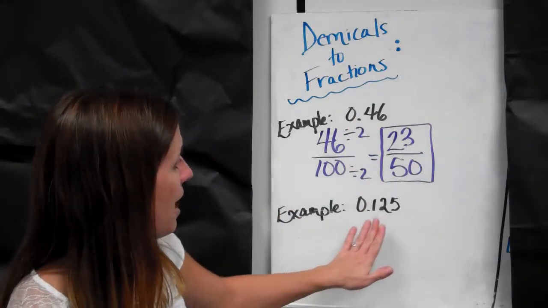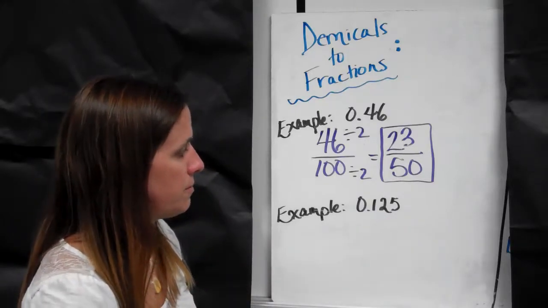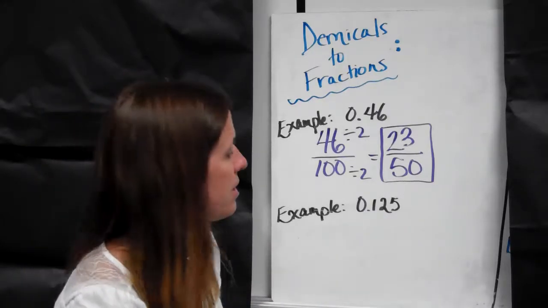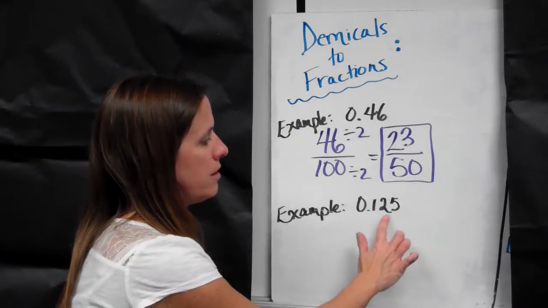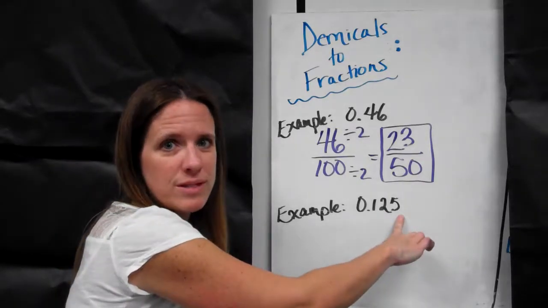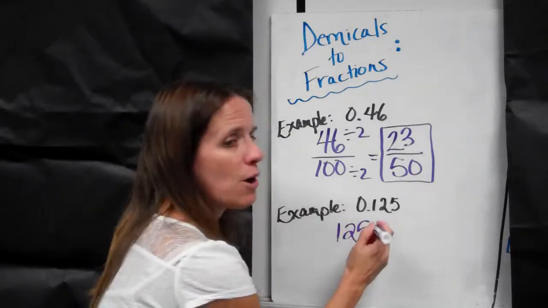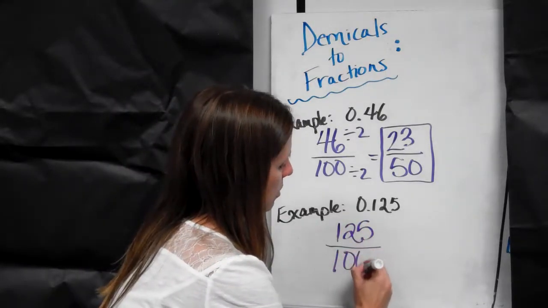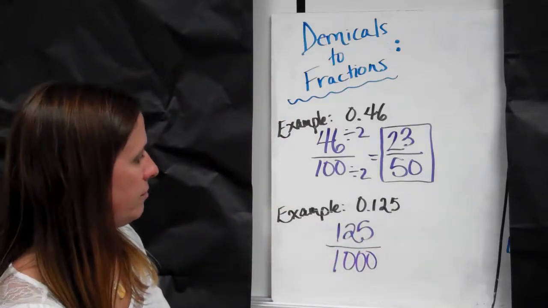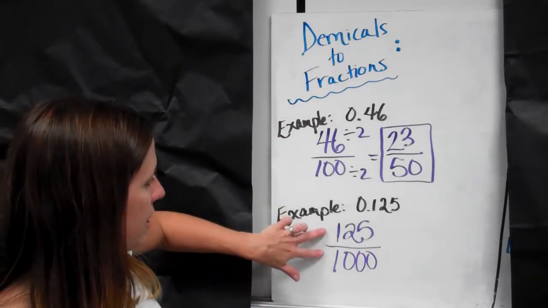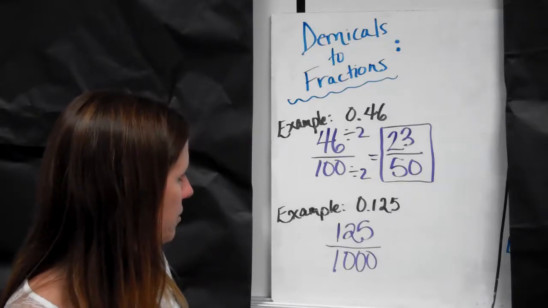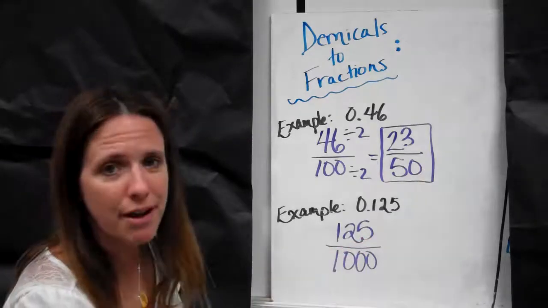My second example has 3 places after the decimal, so you really need to know your place value here. Tens, tenths, hundredths, thousandths. So you would read this as 125 thousandths. You put it over 1,000. Okay, this time they're not both even, but they are both divisible by 5 because it ends in 5 or 0.